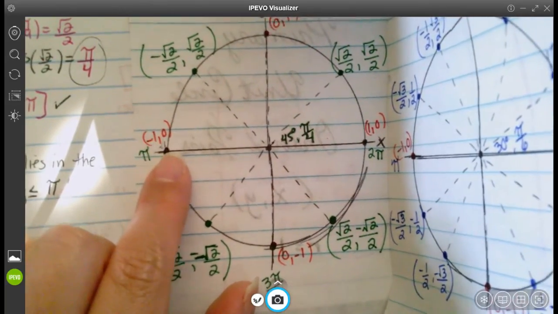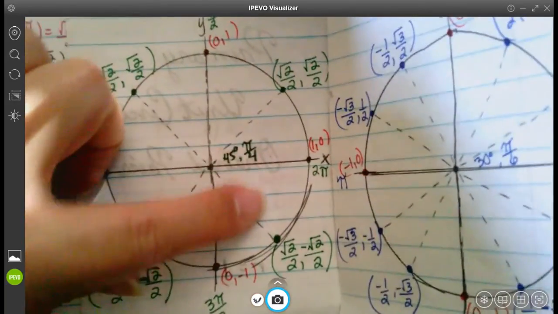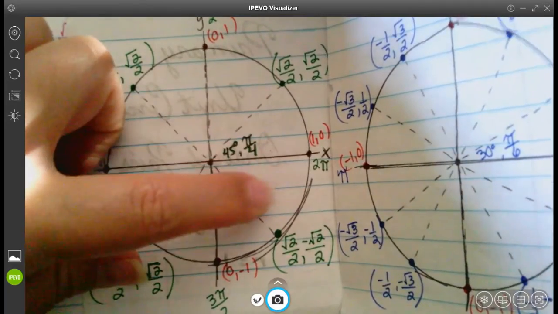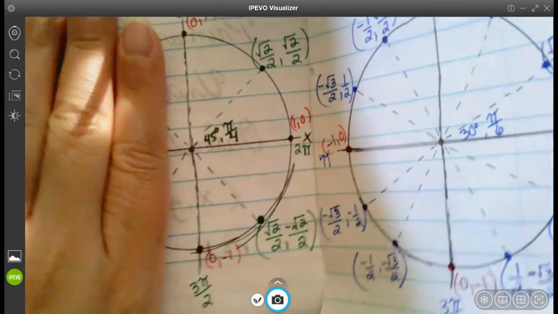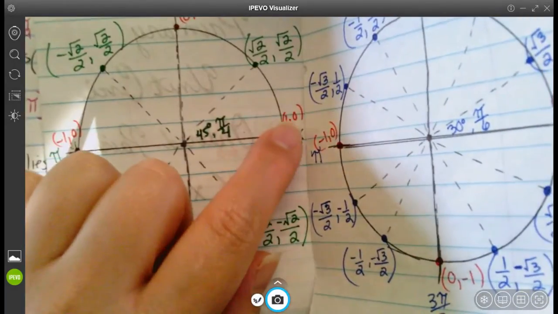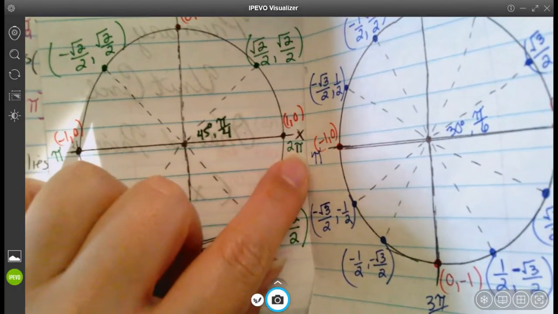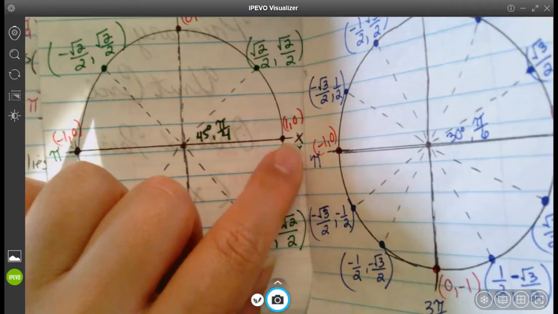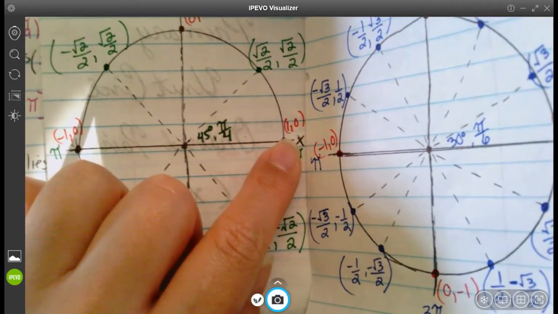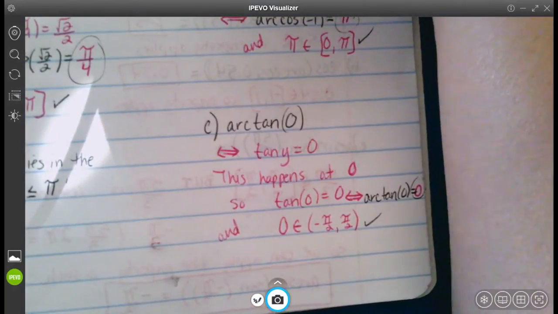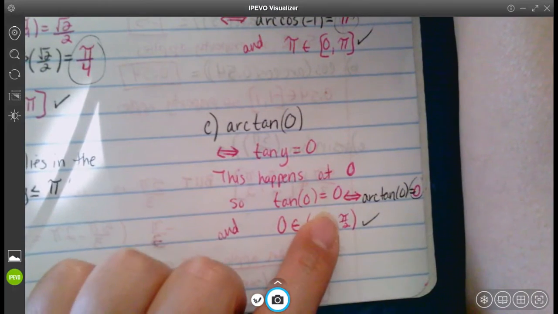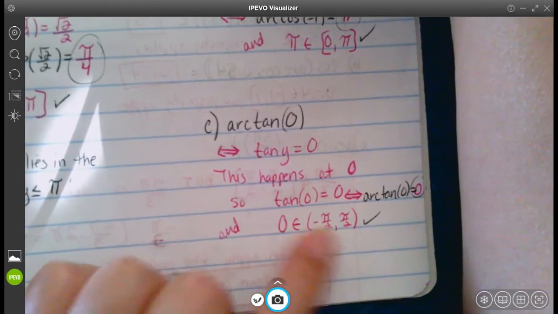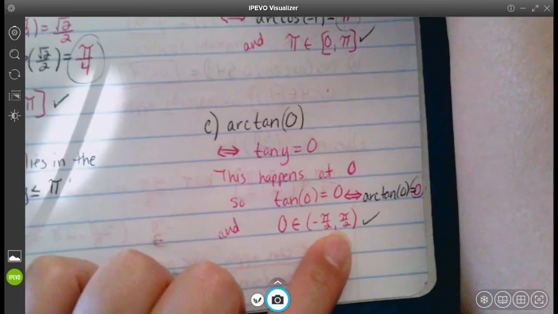But remember that tangent is basically these two quadrants, quadrant 1 and quadrant 4. So I don't care about this side at all. I'm going to choose this one, (1, 0), which is at 0, not 2 pi. Don't use 2 pi because 2 pi is not within your range. You're going to use the number 0. So it happens at 0, and 0 is within my range there.